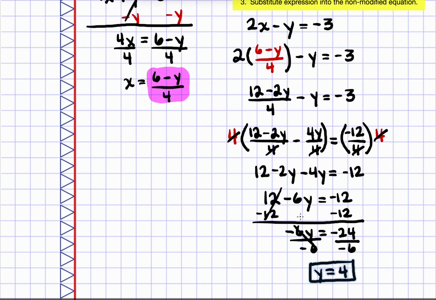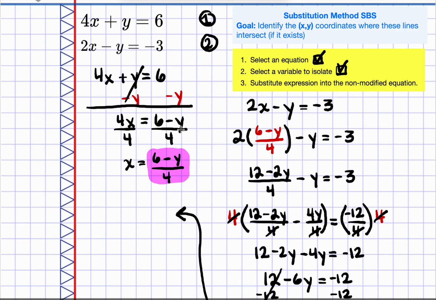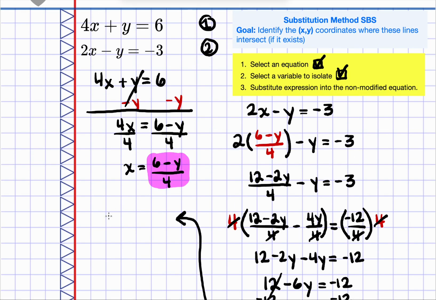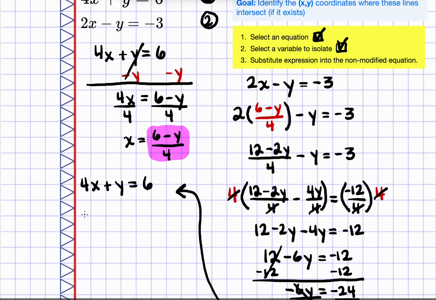So I will just make a line up here so I can scroll back up and get the original equation back into view. Let's rewrite it. 4x plus y equals 6. Everywhere we see y, we're going to replace that with 4 and now solve for x.